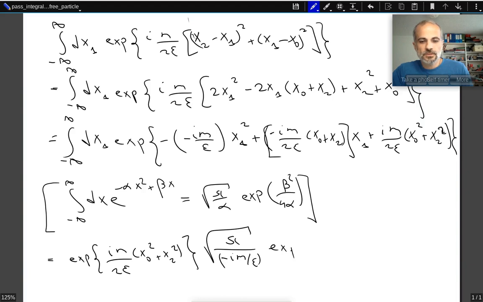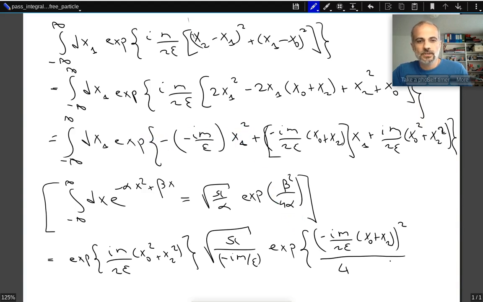Then there is the exponent. Beta squared, beta is the coefficient of x, in this case the x1, the integration variable, the linear term. So we have minus i m over 2 epsilon, x0 plus x2, all of this thing squared, divided by 4 alpha, and alpha is again the coefficient of minus x1 squared, so minus i m over epsilon.